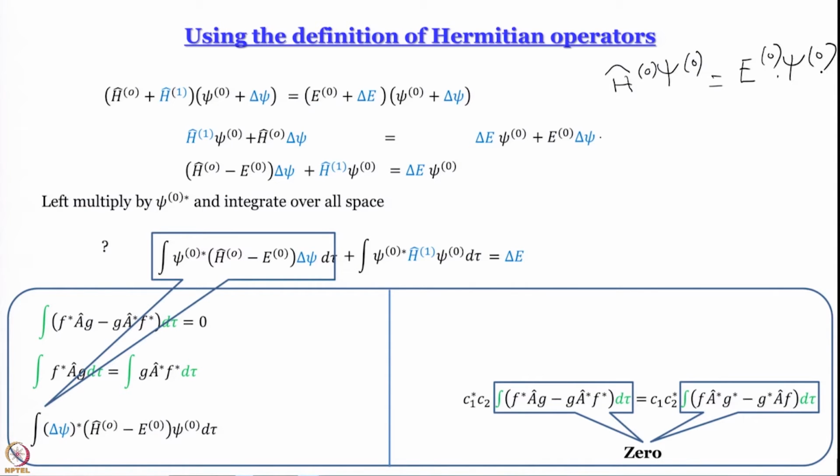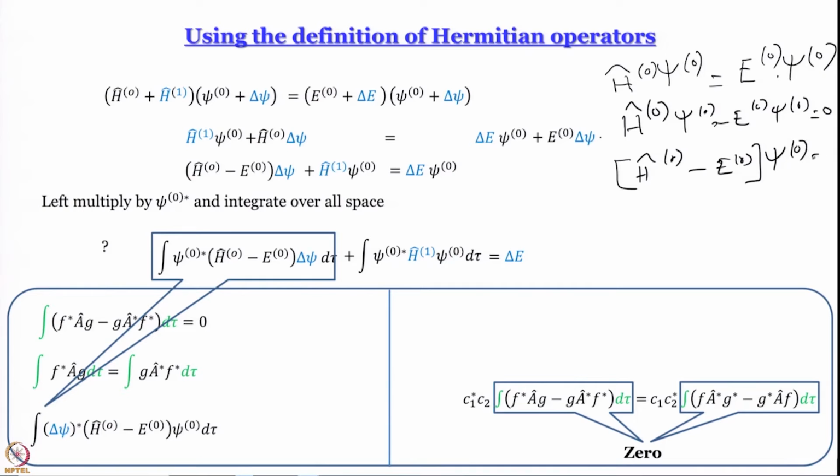Okay. So, let us bring this to the left hand side, we get H hat 0th psi 0th minus E 0th psi 0th equal to 0, or I can write it like this: H hat 0th minus E 0th, that is the operator we are working with, operating on psi 0th is equal to 0.